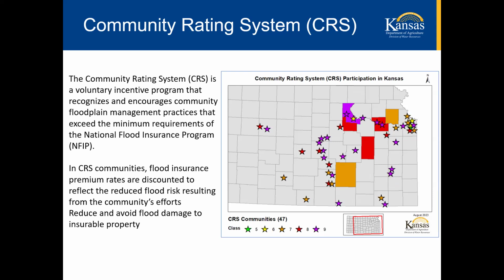It's political goodwill for your community if you can prove that work that you're doing is earning people discounts on insurance, and going above and beyond the minimums ensures that your citizens are safer by doing outreach, by adopting higher standards, and there's a full suite of activities that you can do to earn those points. So they're discounted, and then you reduce the risk by your efforts to improve your floodplain management program. And then that avoids flood damage to insurable property.